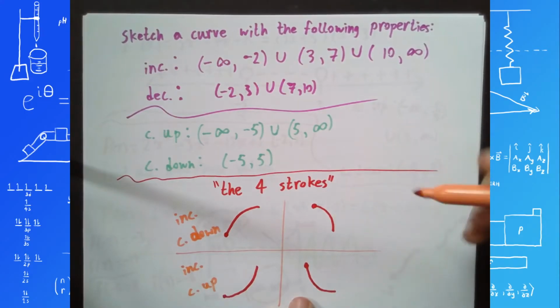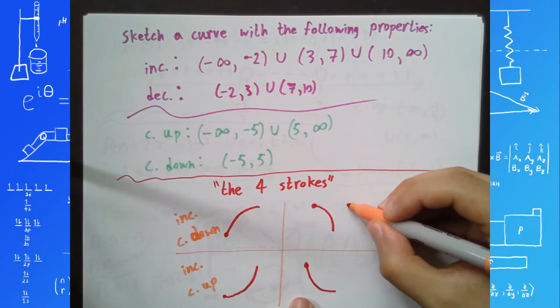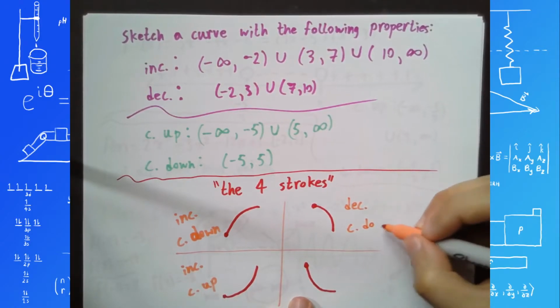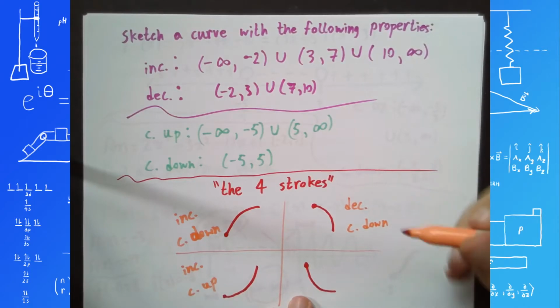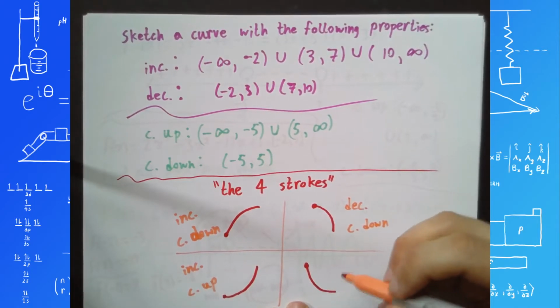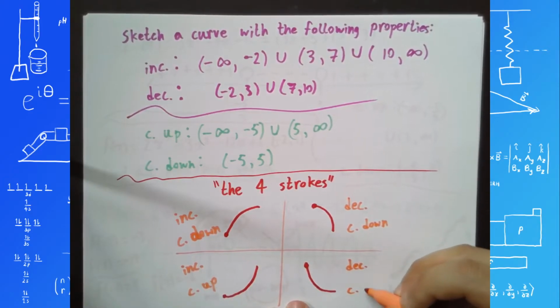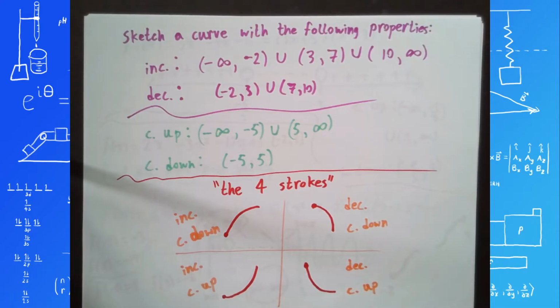Over here we've got decreasing, concave down, goes down as you go to the right and is also oriented down like a frown, and then this curves upward, so it's still decreasing but it's concave up. Make sure you know these four shapes. Actually, what I would say is make sure you understand them so that you don't have to memorize them. Understand those four shapes.